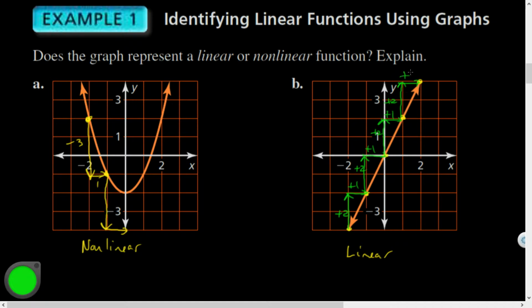I would expect this pattern to continue forever in that direction. Also notice how liney this looks. It's a straight line, which is what we're talking about, linear functions. Also, do you think this is a function? Does it pass the vertical line test? Yeah, only one output for every input. So it's even a function.